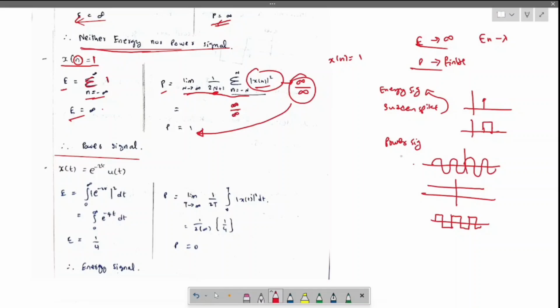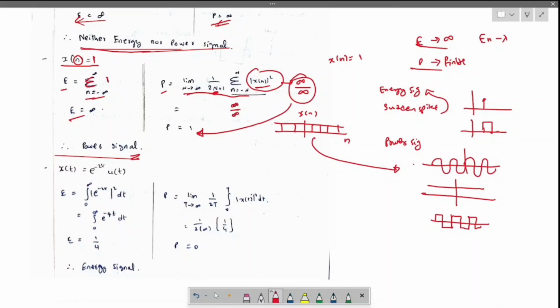So at any n, x of n will be 1. So this will continue forever, right? Continuing forever, this graph matches the power signal. Directly you can say this is the power signal.